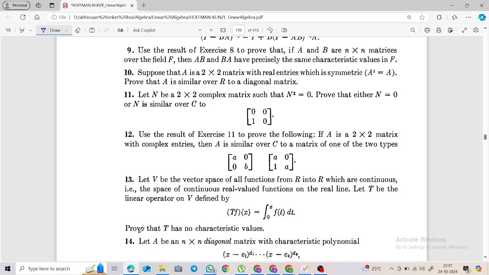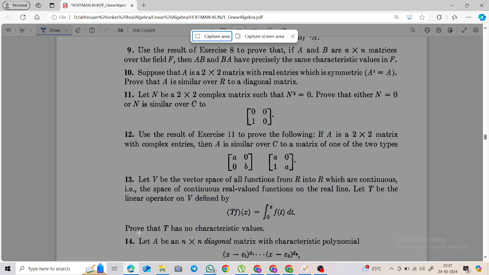So what about 9? Use the result of exercise 8 to prove that if A, B are n cross n matrices over the field F, then AB and BA have precisely the same characteristic values.